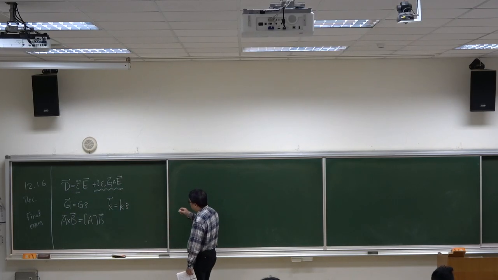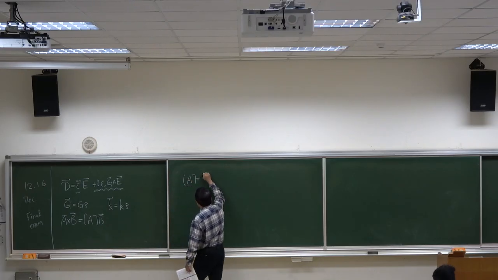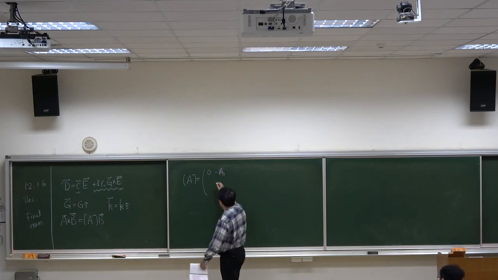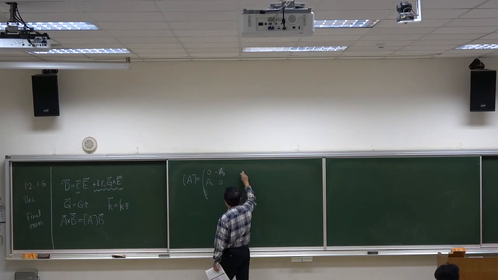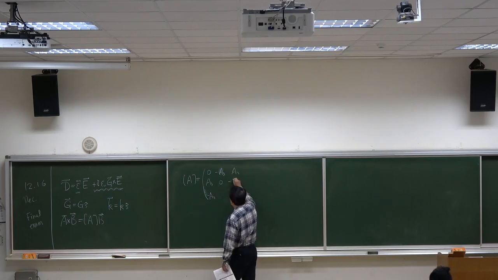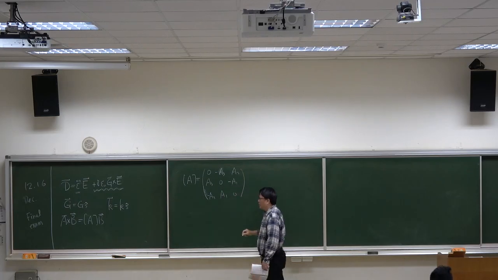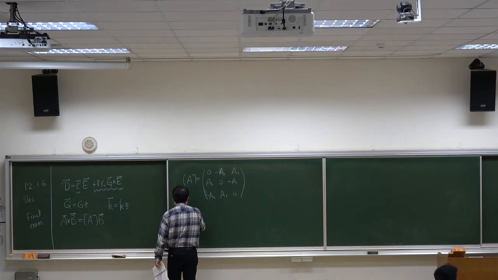Here, A is defined as A3, A2 minus A2 minus A1, 0. Okay, so here we have the G vector.